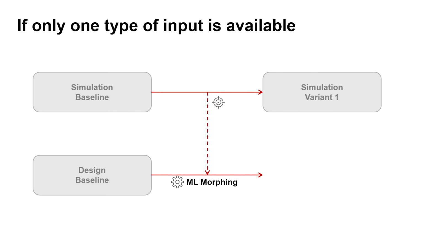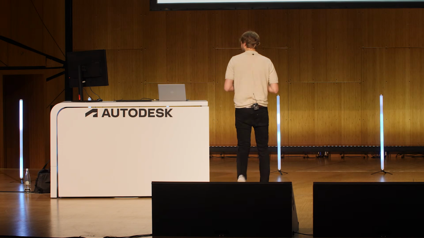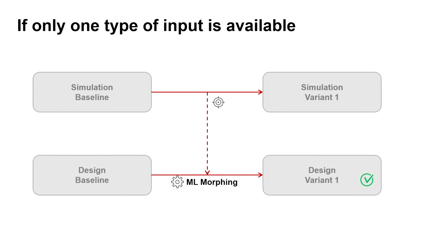So what we do is that we really transfer this geometry change that we saw with the watertight meshes to the design meshes, and apply a different machine learning model-driven morphing approach to this transfer function to also have the same variant, but based on an alias model. I think this is the trick. And then you put this in a loop and make it a parallel workflow, and it's quite quick.